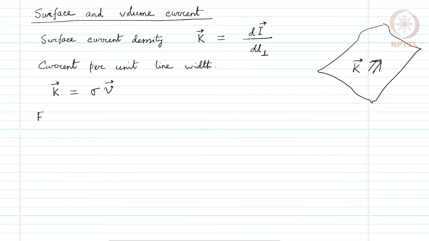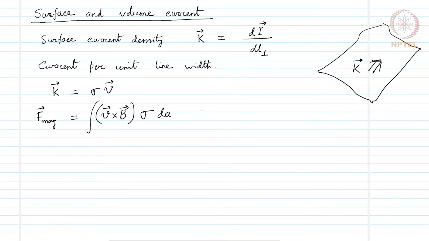Therefore, the magnetic force for a surface current density can be given as V cross B, where V is the velocity of the charges, times sigma, over an infinitesimal surface area, integrated over that entire area.